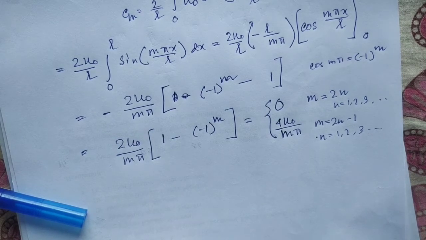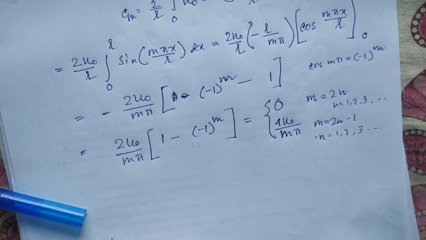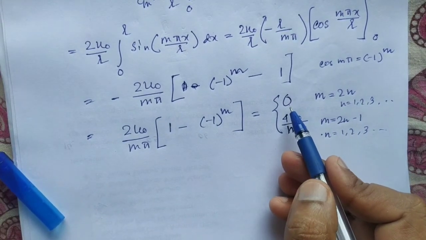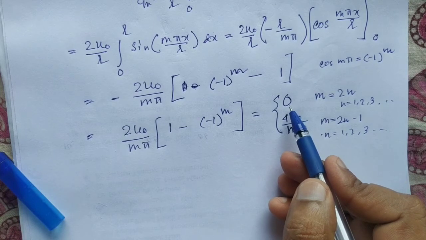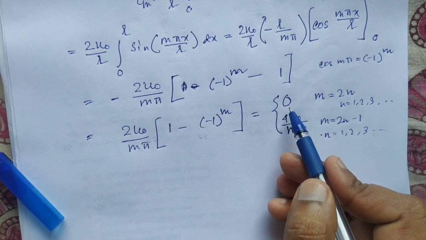Now we can write the whole solution as, so see, this part does not exist. I mean, it is wrong if I say that it does not exist. Actually this part is going to be 0.